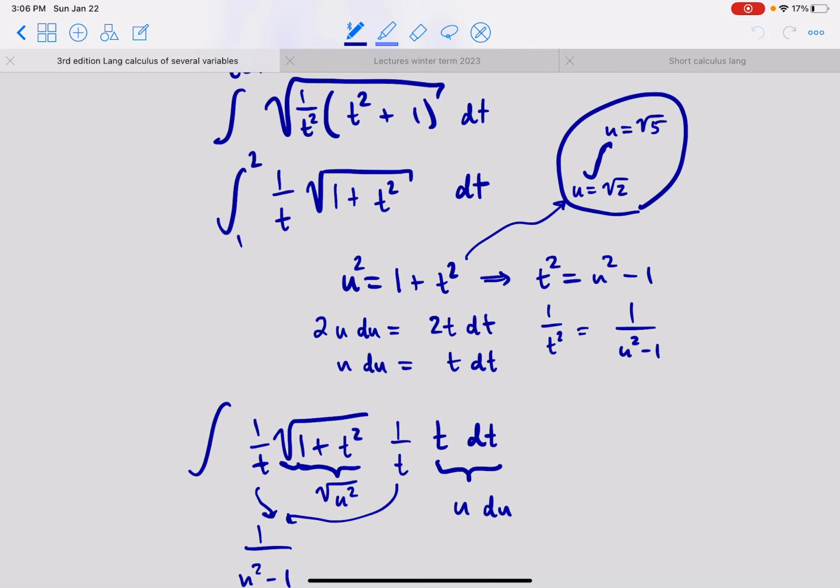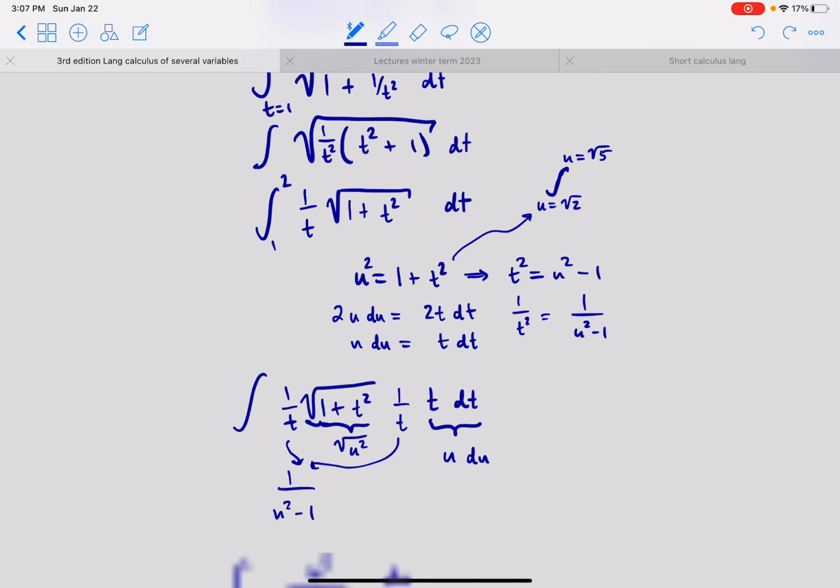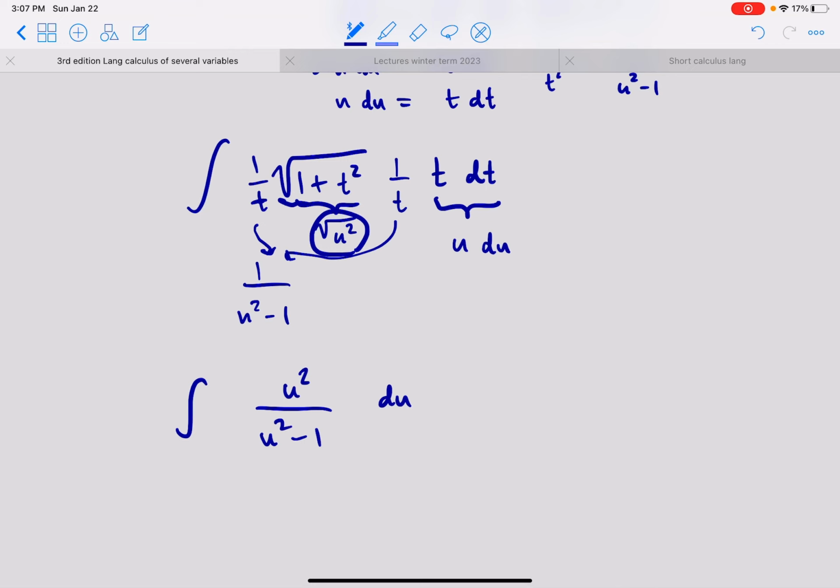And let's do it positively. So let's take the positive branch of u's, so that this square root of u squared is actually u. Anyway, hopefully this makes sense. Square root of 2 to square root of 5.